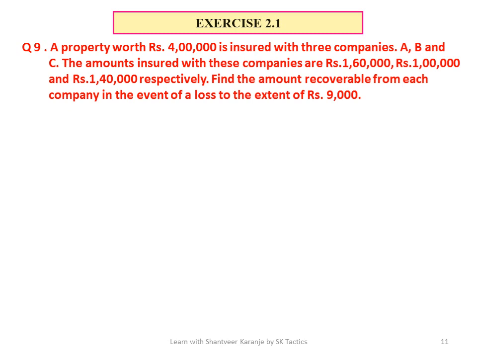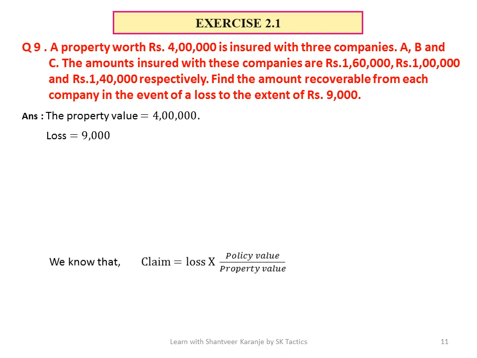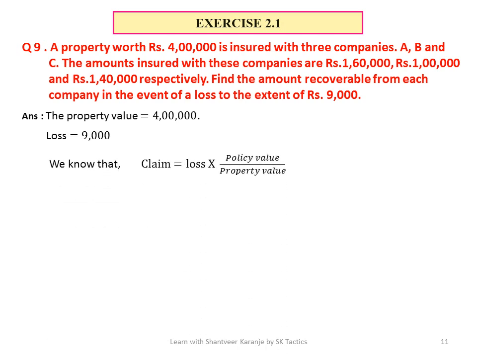Clearly it is given property value is 4 lakh and loss is 9,000. These two values are same for all companies, only policy values are different for all. So I calculate for company A by using this formula, claim is equal to loss into policy value upon property value.